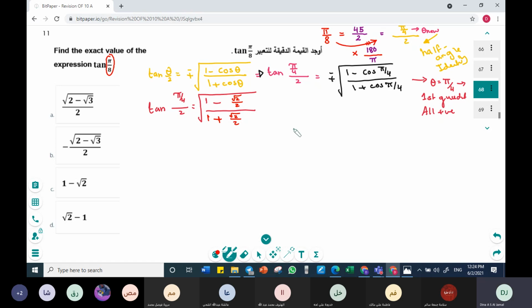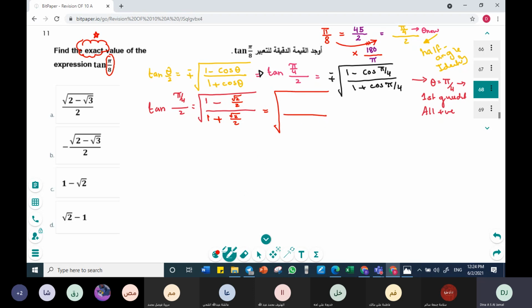Now, if you rushed and you put it in the calculator, it will not be giving you the exact value. I want the exact value. So you need to follow step by step whatever I'm doing in order to get the exact value. Let's have a look. Solve the numerator alone.